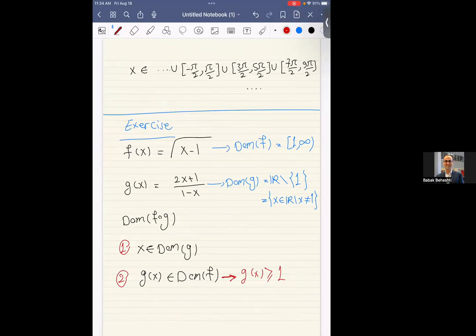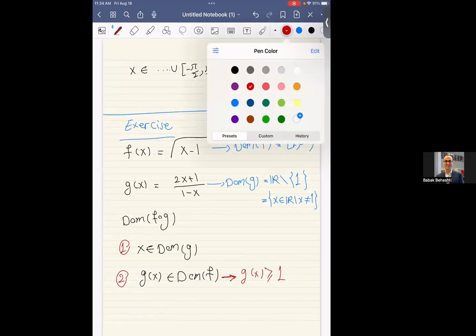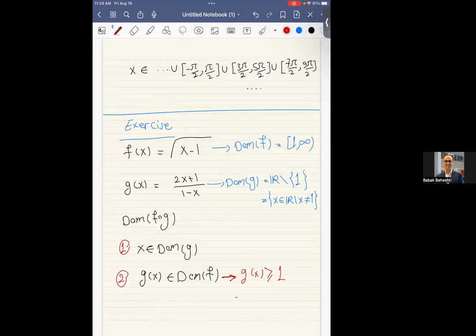So, what did you get? Liana, tell me. G of X greater than 1 basically means 2x plus 1 over 1 minus x must be greater than 1, right?